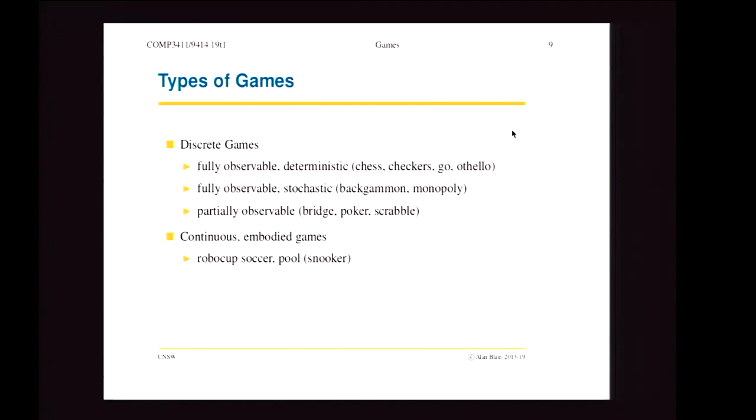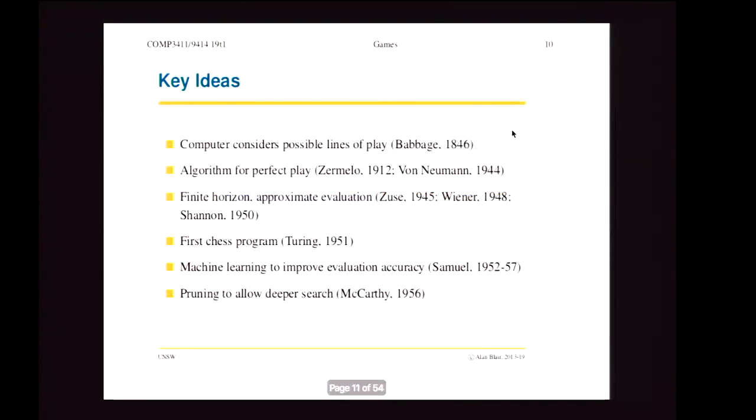So it's not like solving a puzzle by yourself. You're playing against an opponent, and so you can't really just plan 10 moves. If you're solving Rubik's Cube, you can just plan 10 moves in advance and then do those moves. But here, you don't know what your opponent's going to do, so you have to be able to react to deal with any move that your opponent makes. So that's what makes these things hard.